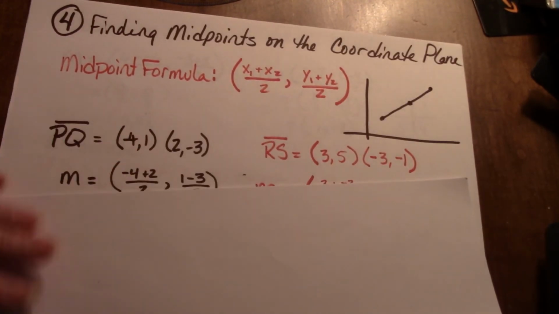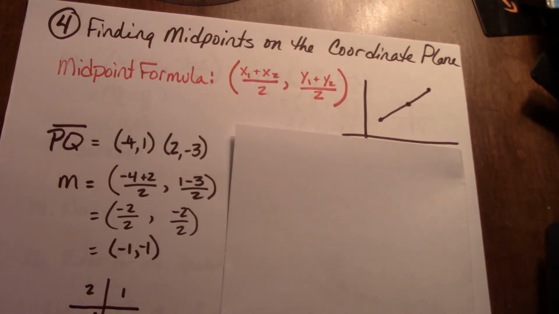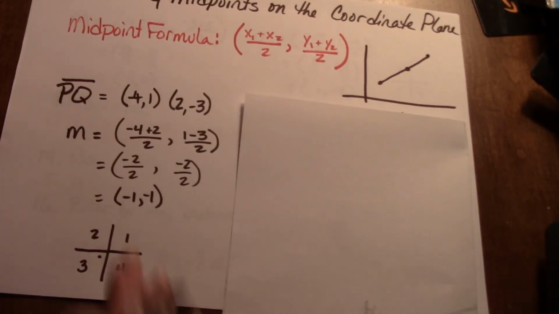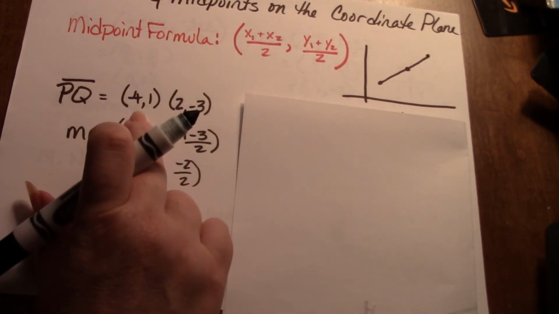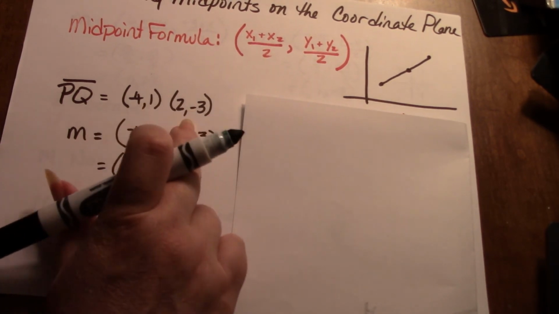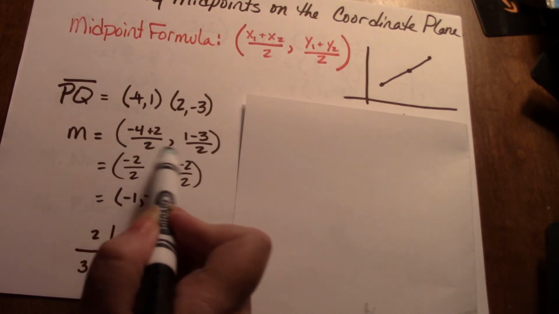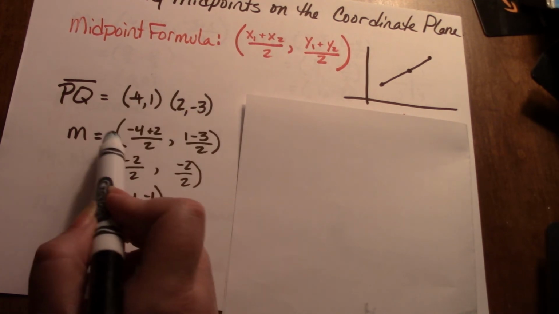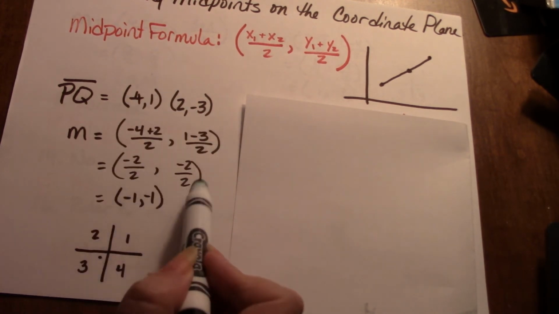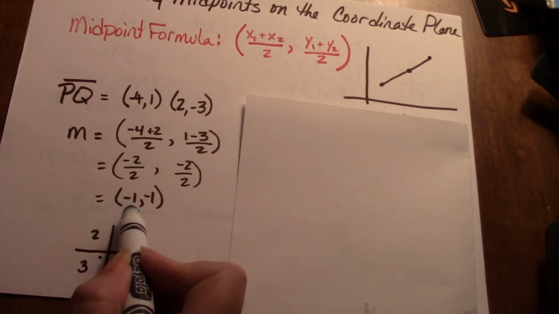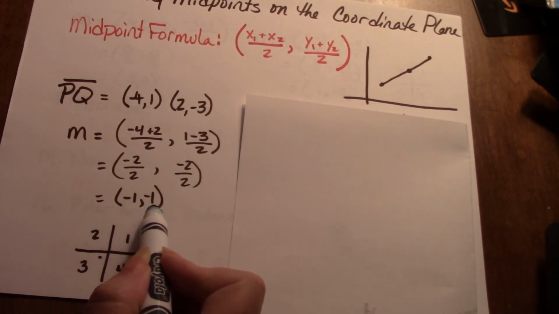So they're going to walk us through line PQ. PQ has the coordinates -4, 1 and 2, -3. So if we stick these x's and y's into our midpoint formula, we're going to find that our midpoint is -1, -1.